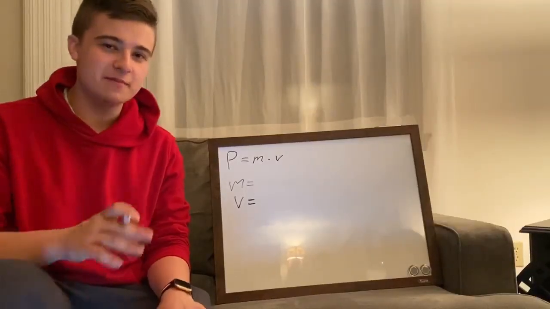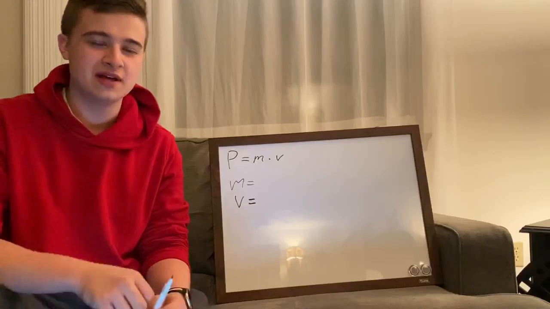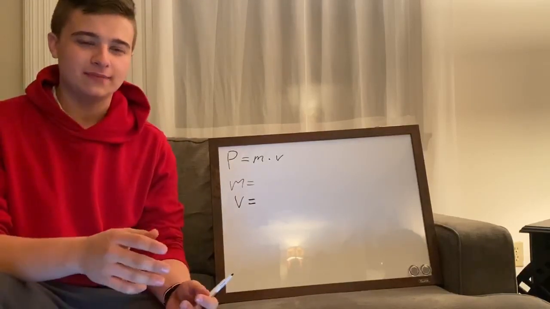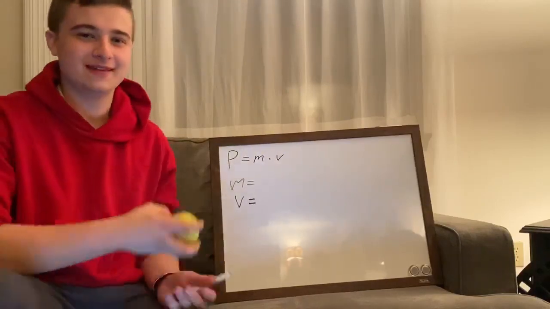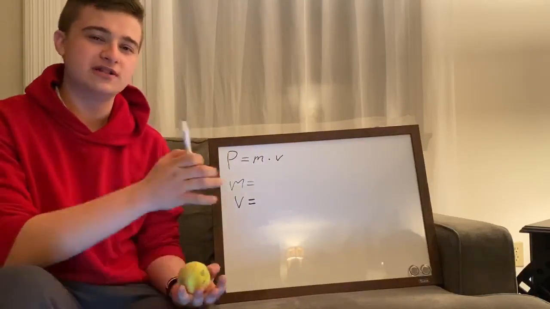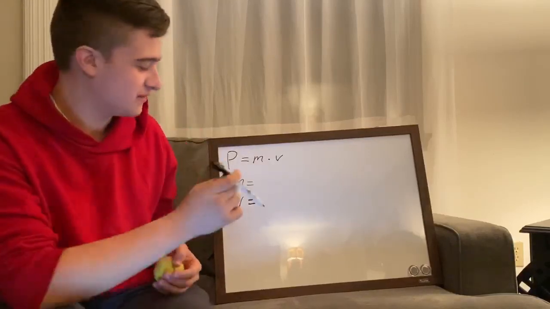Now, to find the momentum of the tennis ball, we need to know two things: the mass of the tennis ball and its velocity. The tennis ball has a mass of 58.5 grams, or 0.0585 kilograms.